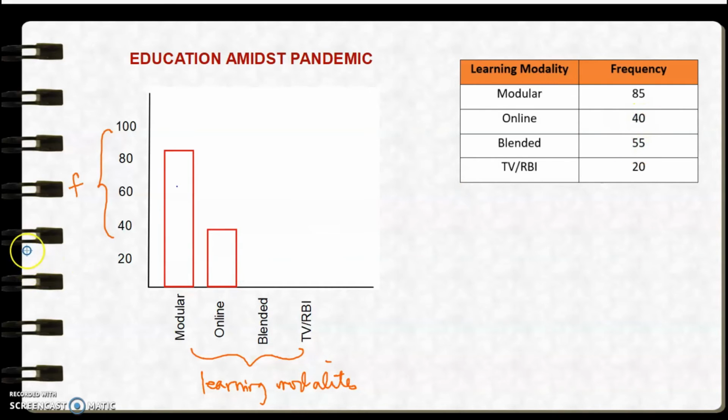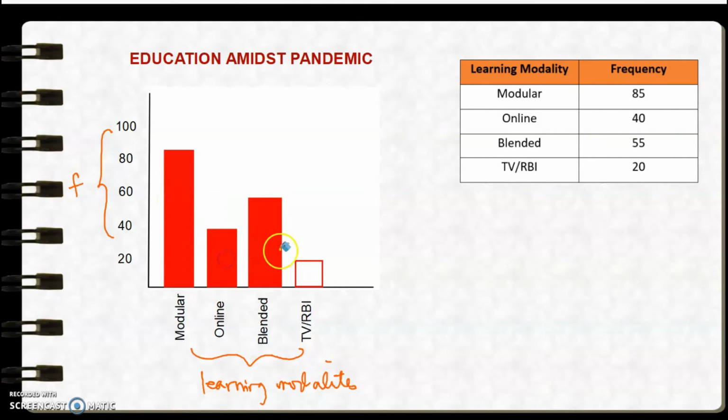And then for blended, 55. The middle is 50, so it is close to 60. And for TV and radio broadcast, it is 20, so exactly 20 here. And then we just have to fill this with color.